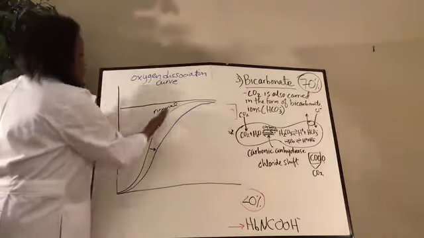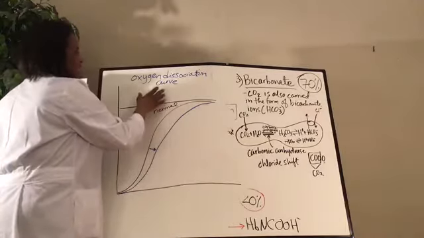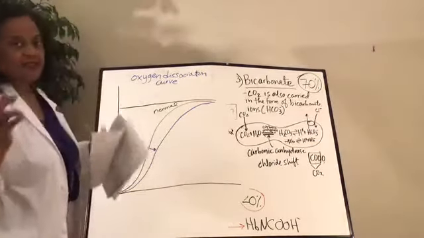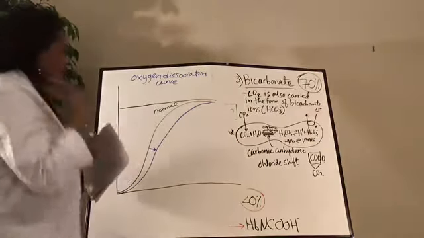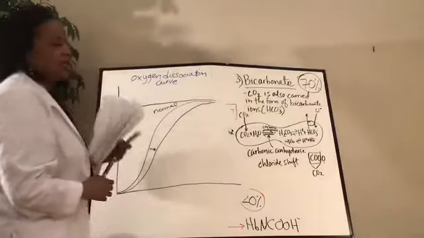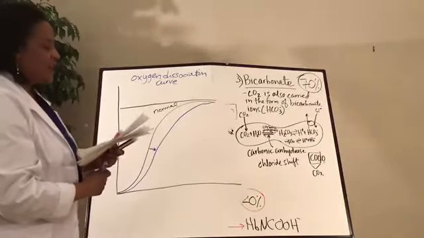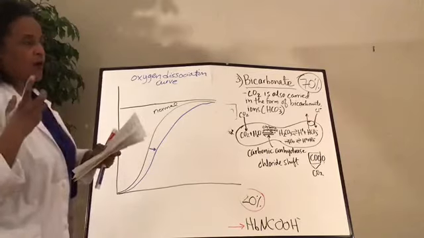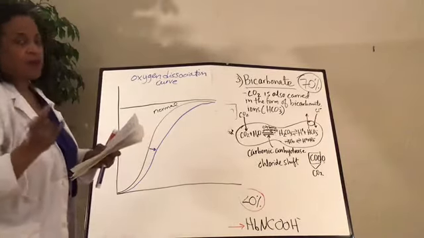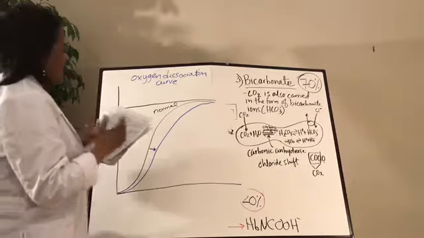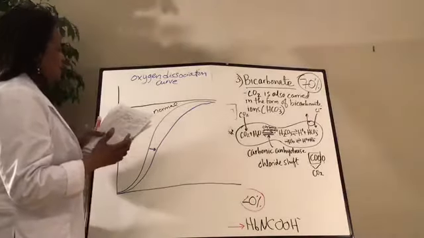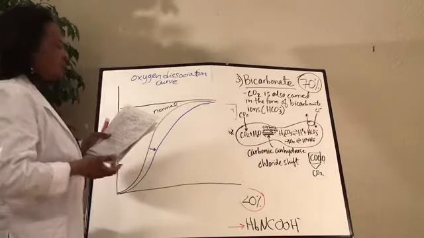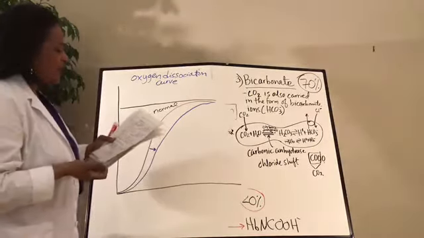This shift from normal, in this oxygen hemoglobin dissociation curve, this shift to the right is an indication of hemoglobin affinity. So a right shift in the oxygen hemoglobin dissociation curve is due to a partial pressure of carbon dioxide.